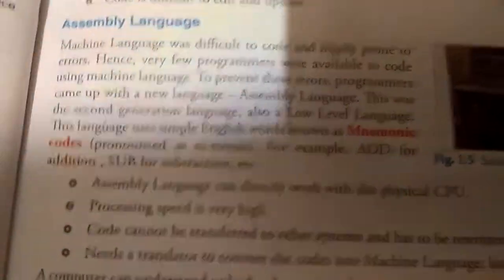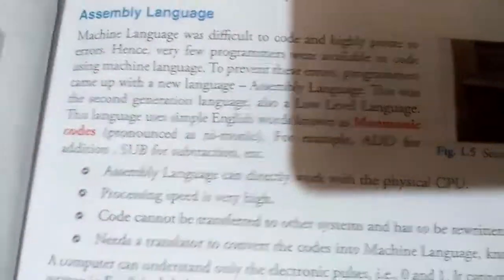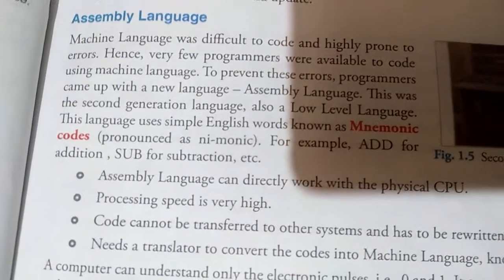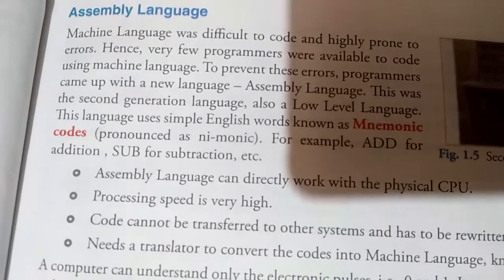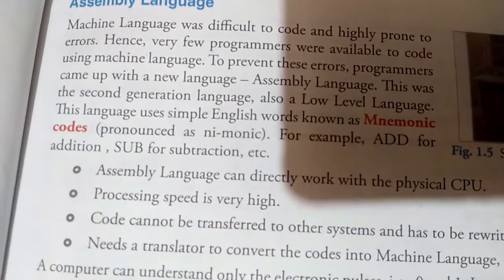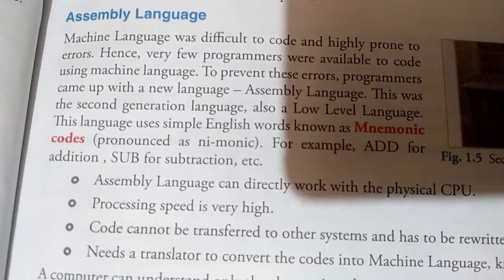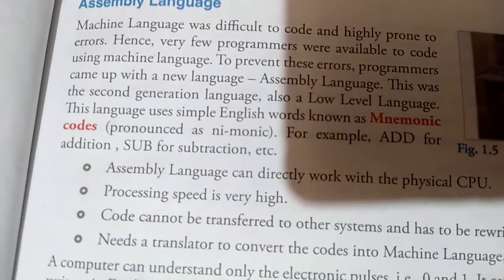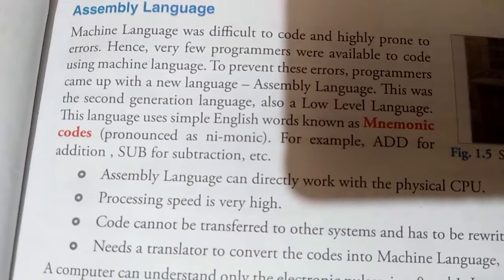Assembly language. What is assembly language? Machine language was difficult to code and highly prone to errors. It means we can't easily write the machine codes, and it's highly prone to errors. Very few programmers were available to code using machine language.